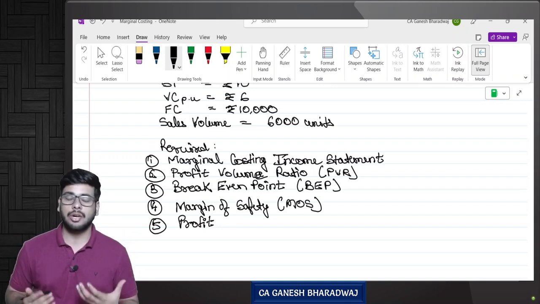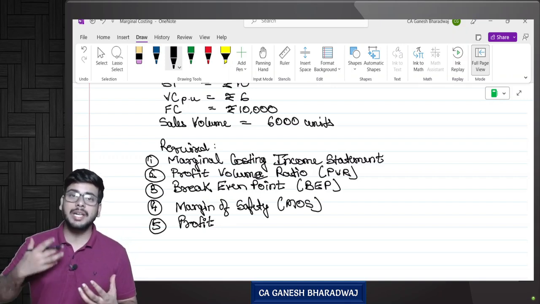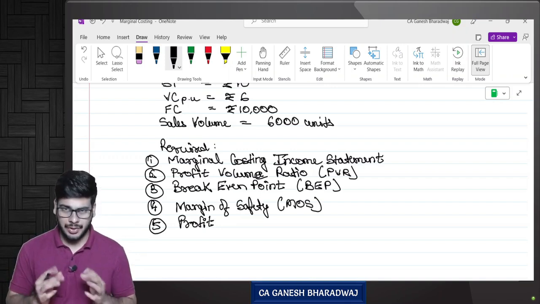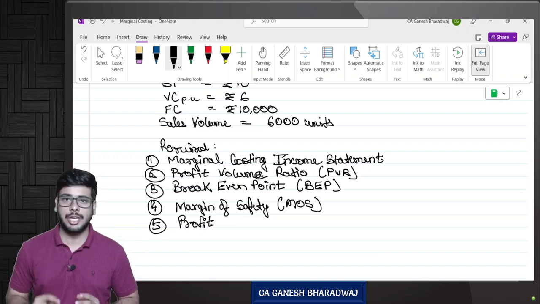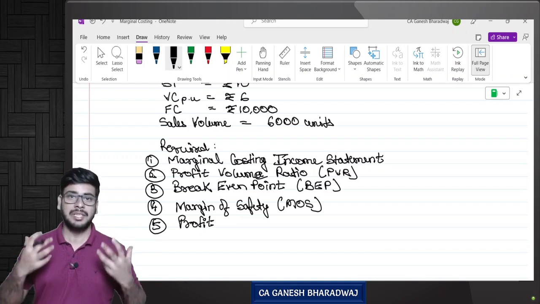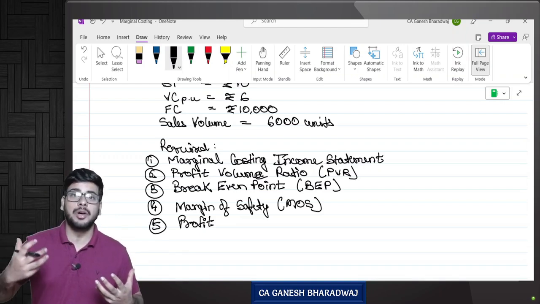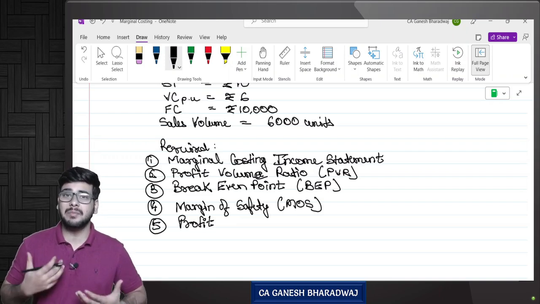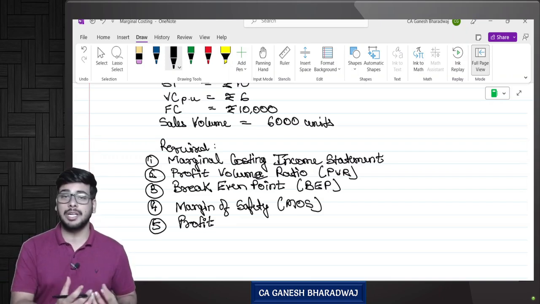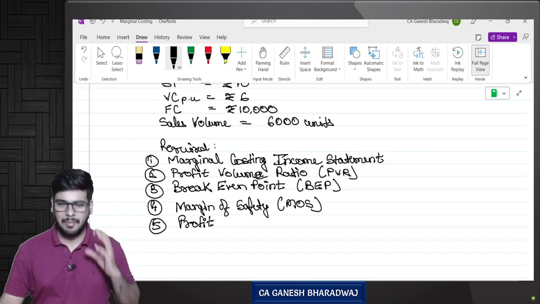Students generally make a common mistake by mugging up the formulas in marginal costing. Trust me, there should not even be a single formula in this chapter that needs to be mugged up. You shouldn't mug up even a single formula. Every single formula, you should come up with the logic behind it so that you need not take the pain in remembering the formula. You can automatically know the reason why a particular formula has come, right?